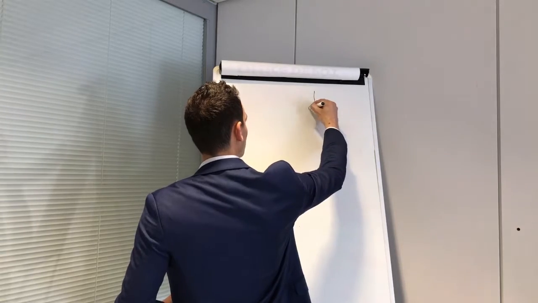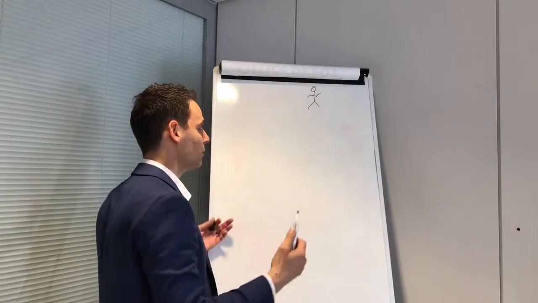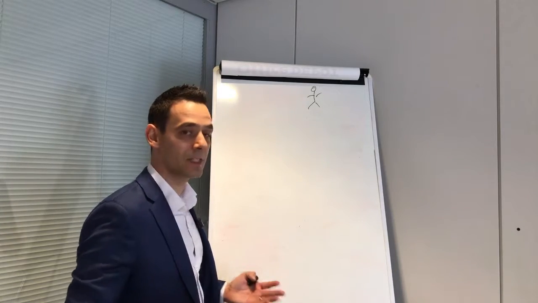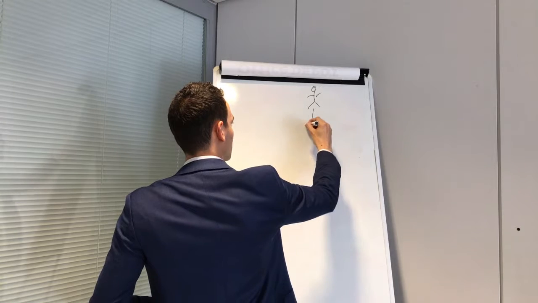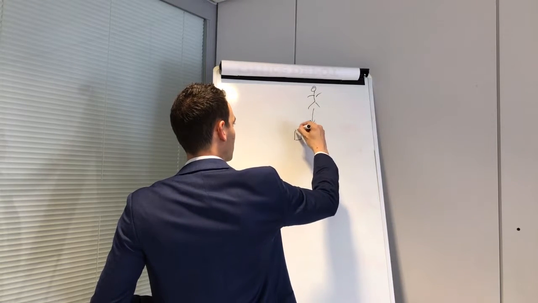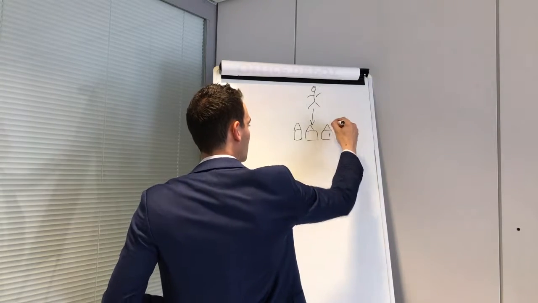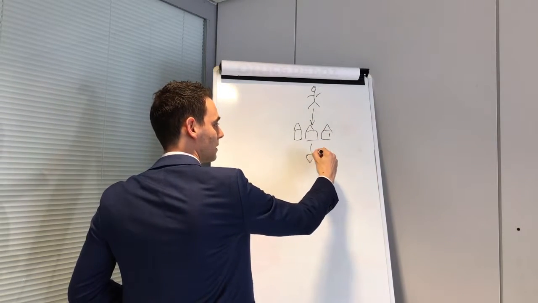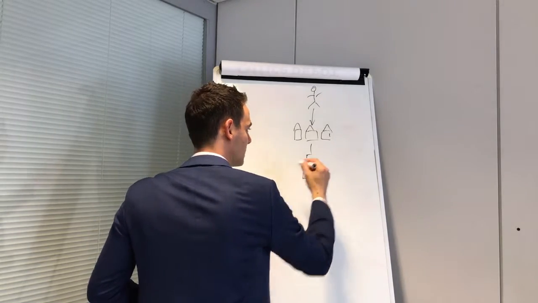So we're going to start off with you. Okay, pretty simple. Now at that point you're going to be looking for something. You might have nailed down an area. You're going to start looking at some properties. And then you're going to shortlist, let's say, one property.